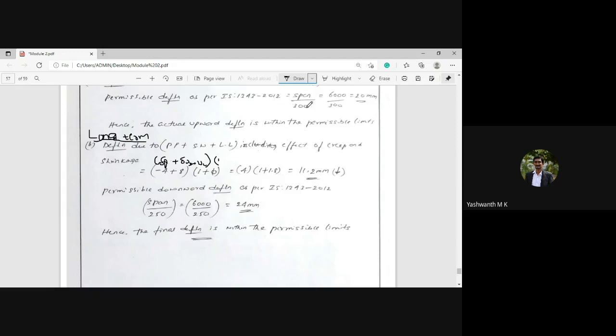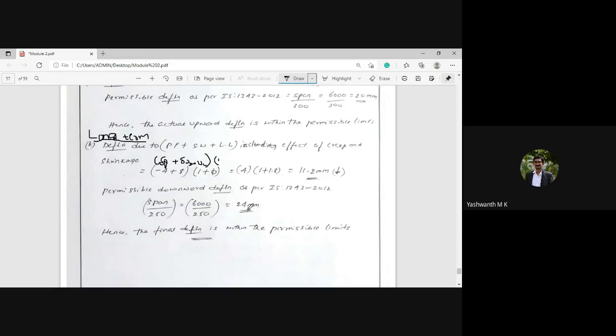The span by 300 formula is without considering the effect of creep and shrinkage, and this span by 250 formula is with considering the effect of creep and shrinkage. So 6000 divided by 250 is 24 millimeter. Now please check the long-term or final downward deflection we have calculated. This deflection is within the permissible limit.